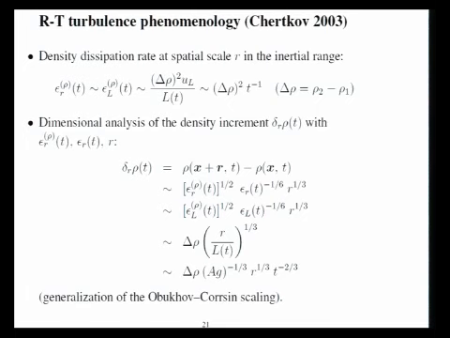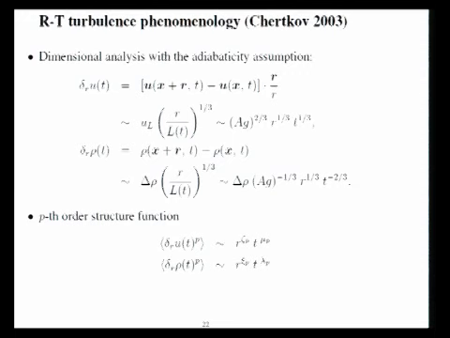Now we can argue this density difference can be dimensionally cooked up with the density dissipation rate and the energy dissipation rate. Then we get this kind of scaling. It's a generalization of the Obukhov-Corrsin scaling. That's the result of the dimensional analysis.